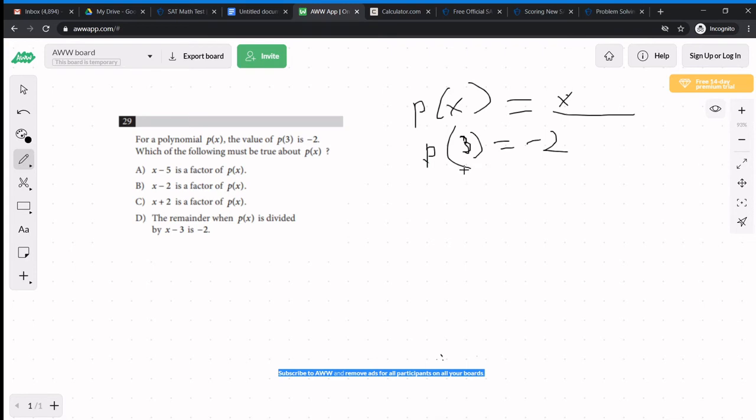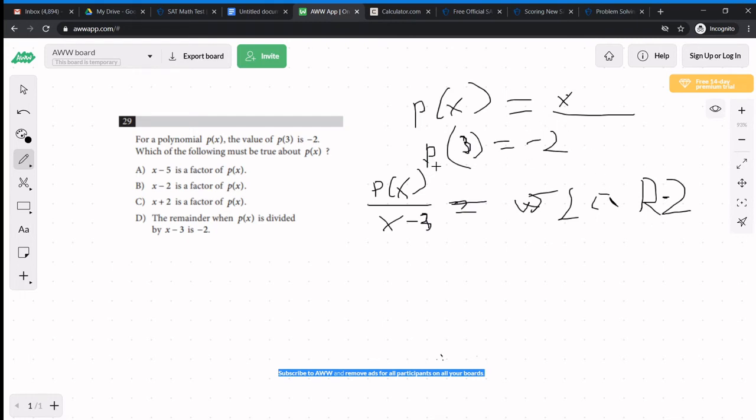And what's important to realize is that when we divide p of x, this entire equation here, by x minus 3, we're going to get some polynomial and a remainder of -2.